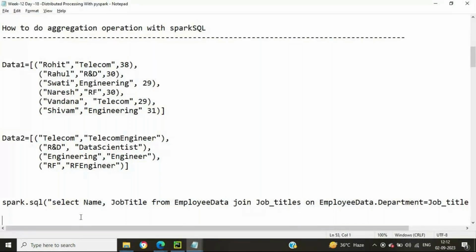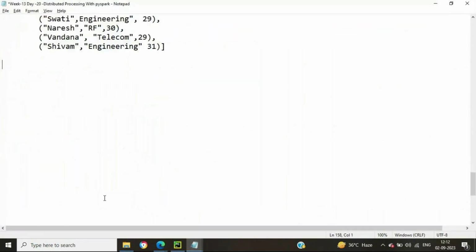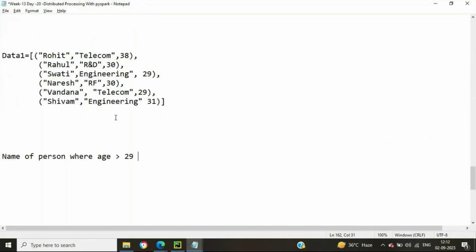I want a query from your side: name of person where age is say greater than 29 and department equal to say R&D.